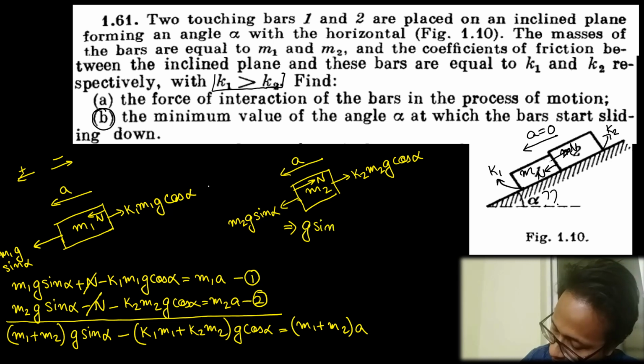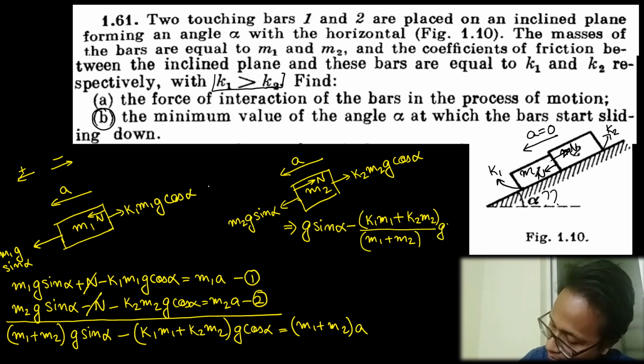g sin alpha minus k1 m1 plus k2 m2 divided by m1 plus m2, into g cos alpha is equal to the acceleration.